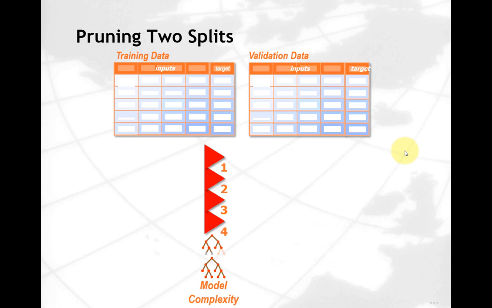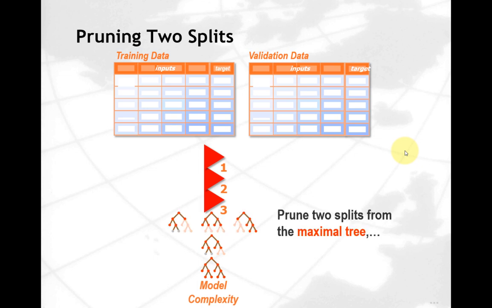Then it moves on to 4 leaf nodes. So take a look at the possibilities. With that tree, you can keep pruning, and it becomes 4 leaf nodes. You can prune this side as well, and it becomes 4 leaf nodes. But it doesn't start from this point. It starts all the way from the maximal tree. So that's why you have 3 possibilities.